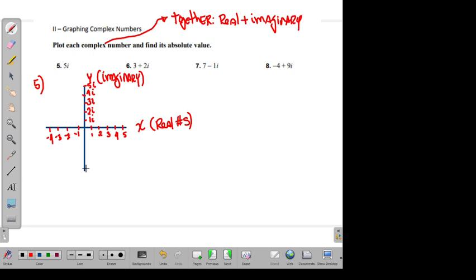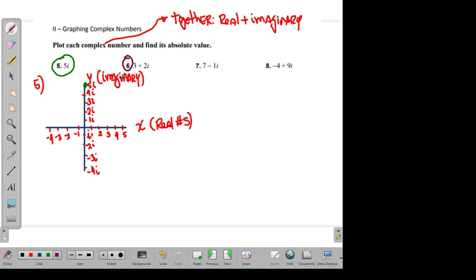What do you think is going to be on this side here at the bottom? Negative, minus 1i, minus 2i, minus 3i, minus 4i. Yes? So the graph in this case is just going to be here, 5i. This was easy because it's just one number. Let's try the other ones. Let me use a different color and use the same system here.